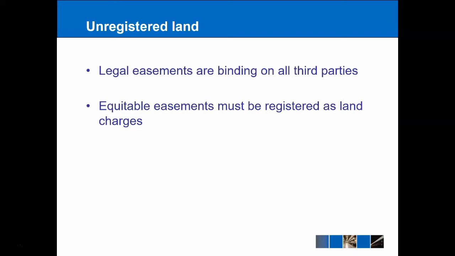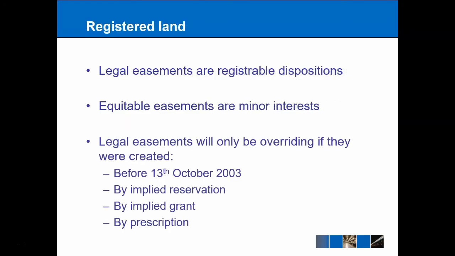So for unregistered land, legal easements are binding on all third parties, whereas equitable easements must be registered as land charges. The situation for registered land is a little bit more complicated, but not too much. Legal easements are registrable dispositions, and equitable easements are minor interests in the property.